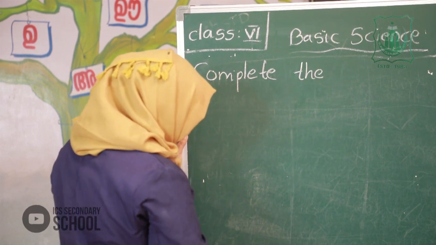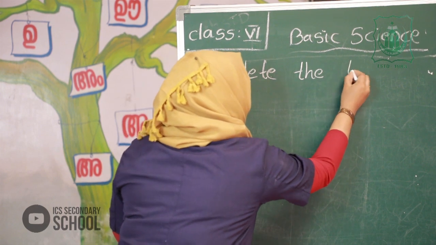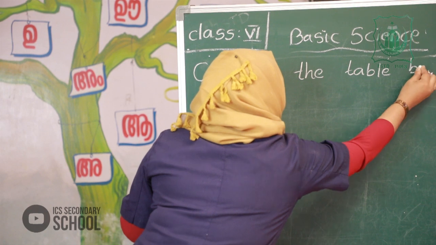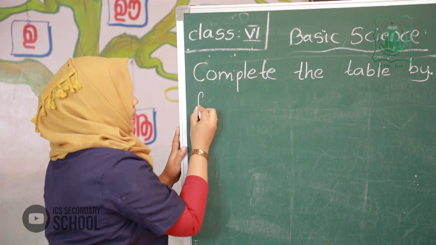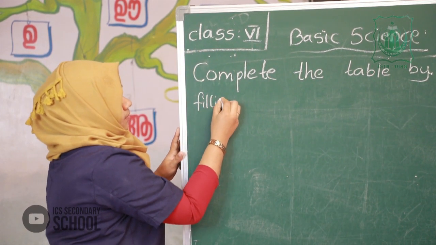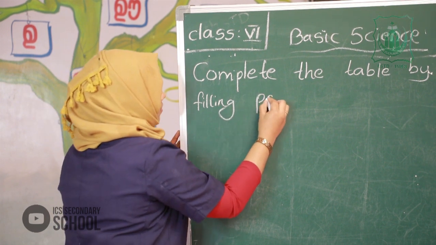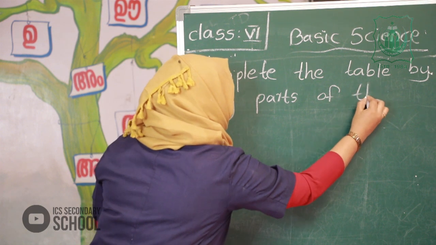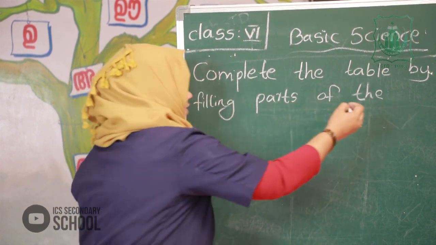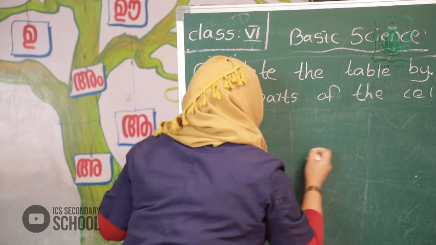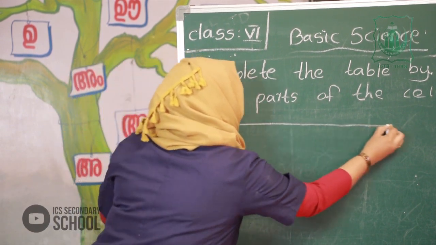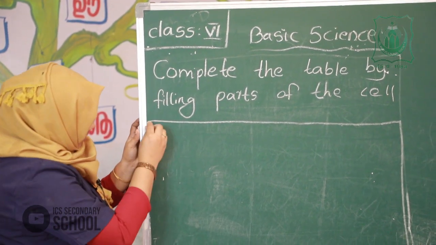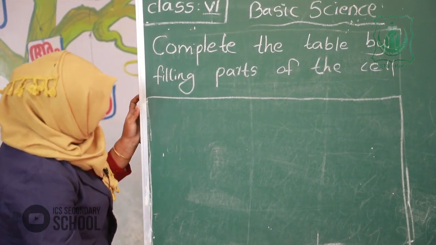Complete the table by filling in the parts of the cell. Okay. First question, we said here, all of you write that in your notebook. Second question is this. This is homework.